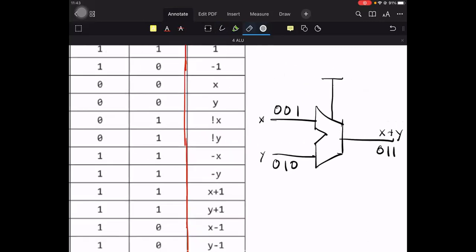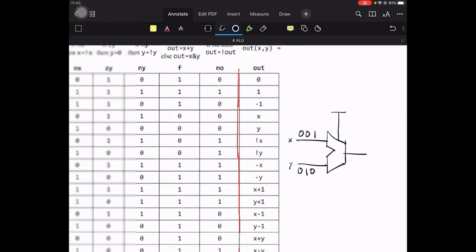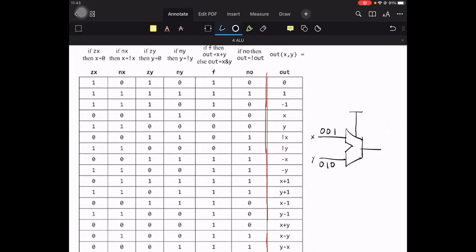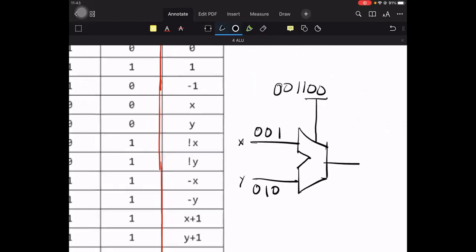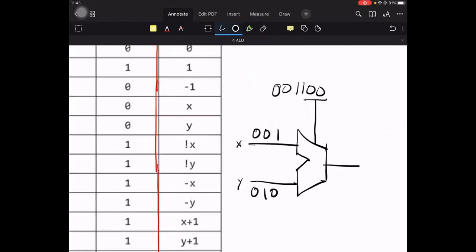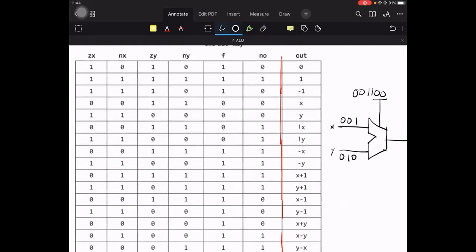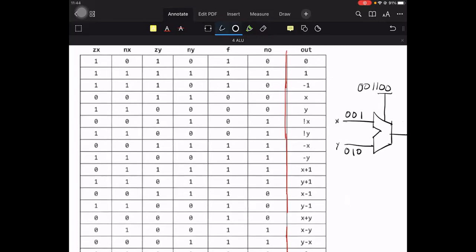Okay, another example. What if our opcode input is 0, 0, 1, 1, 0, 0? Which one is that? It's this one. 0, 0, 1, 1, 0, 0.